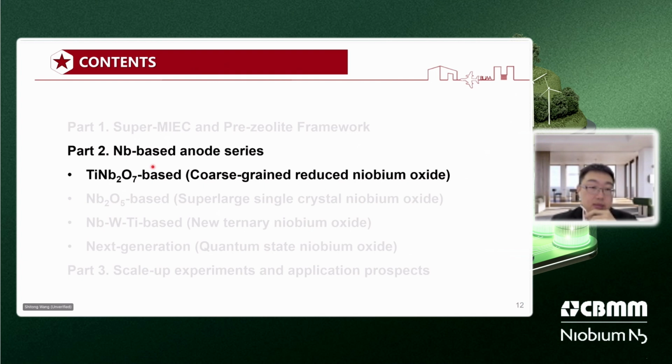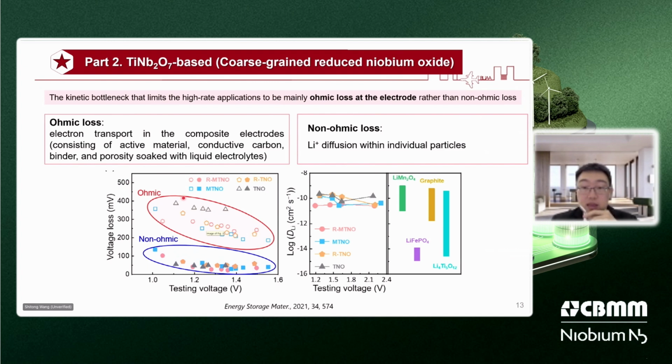And after discussing the supermixed conductors and the perzeolite-like framework, let's talk about the niobium-based materials. Just as Dr. Harada introduced, TNO is one of the peculiar materials of practical interest which has attracted continuous attention in both academia and the battery industry. And the first question is, under high rate applications, which one is the rate limiting step?